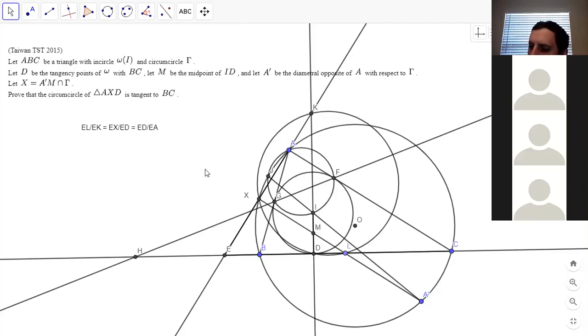Oh, sorry. Or we can try to show LI is perpendicular to HK. We want to show I is the orthocenter of HKL.